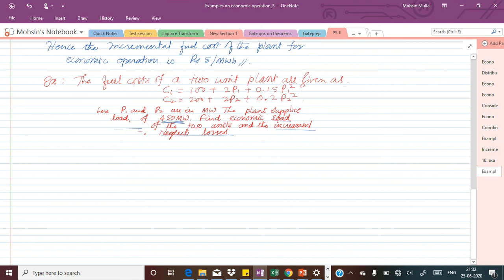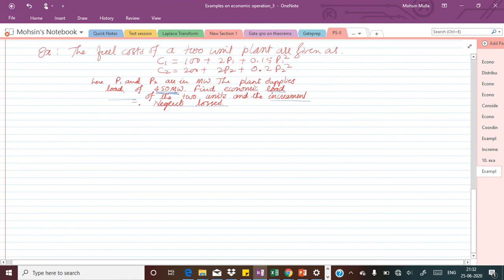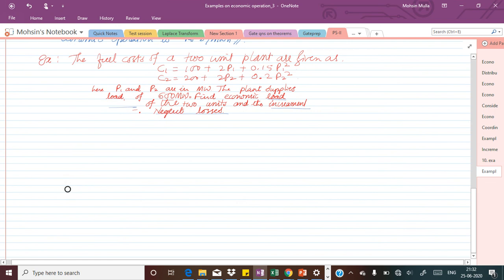Now let us try to find the incremental fuel cost as well as the economic load scheduling between the two plants, and let the total power supplied by the plant in this particular case be 600 megawatt. Okay, so let us try to solve this example now. Solution.